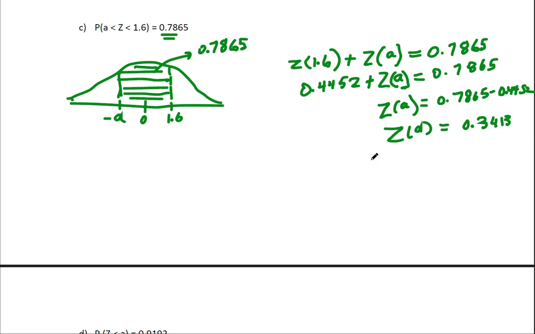So all we need to find now to get A is to look for 0.3413 in the standard normal table. So we're going to say, therefore, A would be equal to, so we're going to just look for the value in the standard normal table that corresponds to 0.3413.